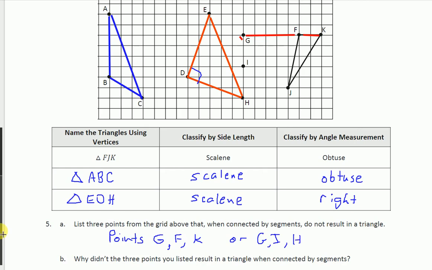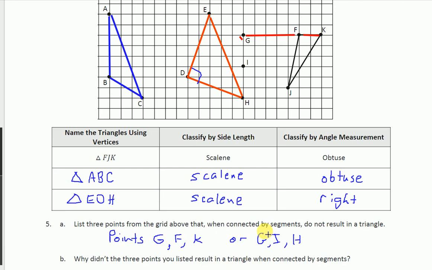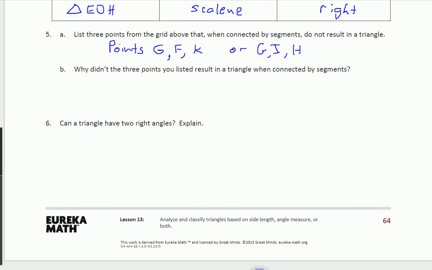Okay, and why don't the 3 points you listed make a triangle? Because when you connect them, they make a straight angle. Those 3 can make a straight line, or make a straight angle. Let's scroll that down just a little bit. Why don't they make a triangle?